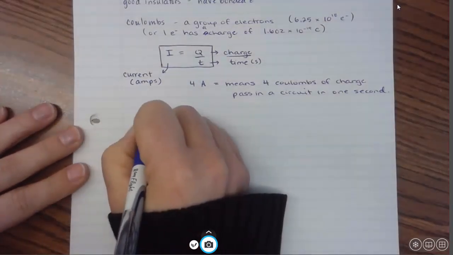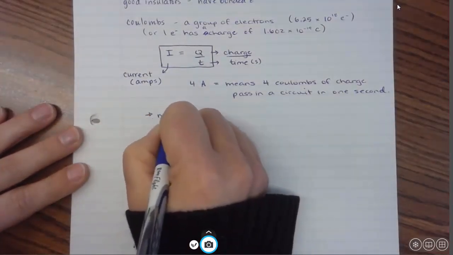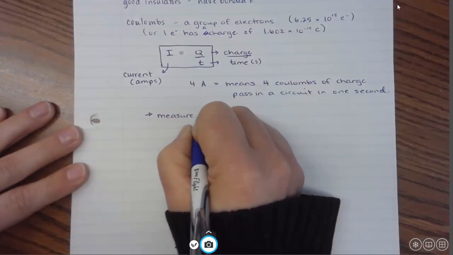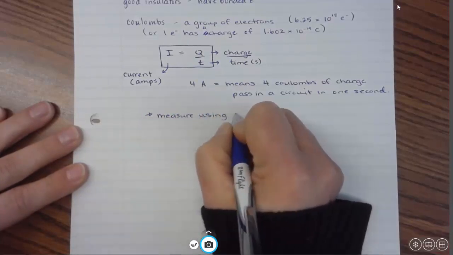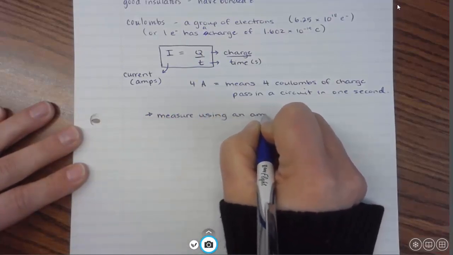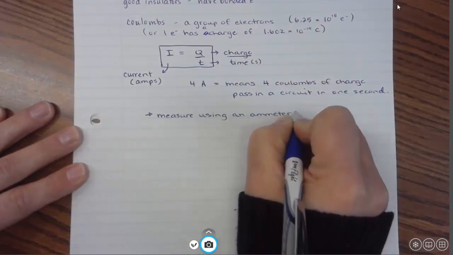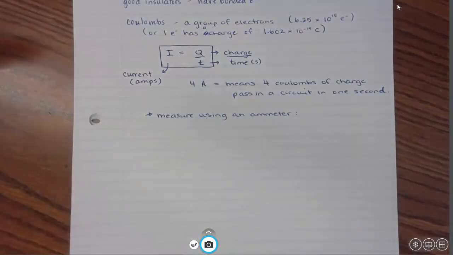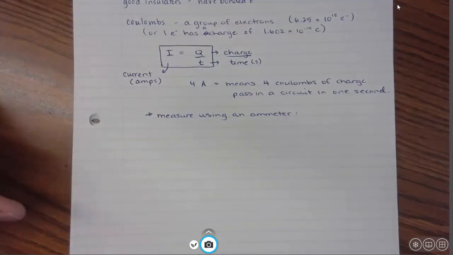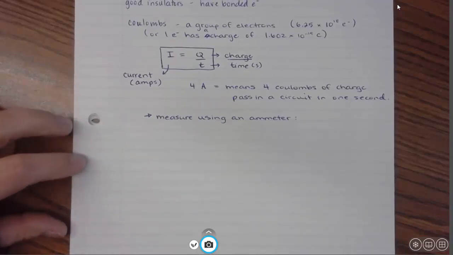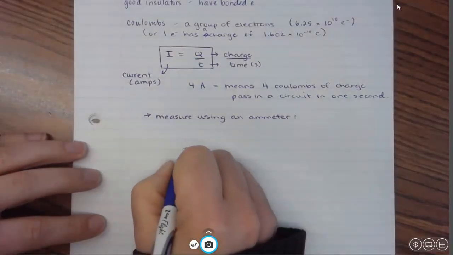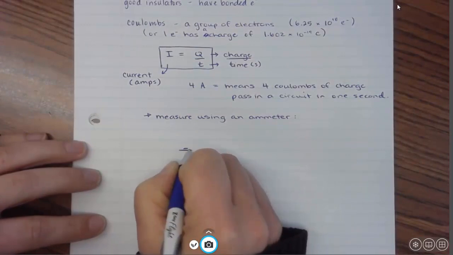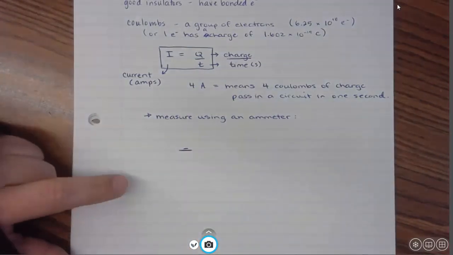We measure current using an ammeter. As part of this note as well, and hopefully this is basically a review of some of the things that you would have learned with electricity in grade 9. To draw a battery, we draw a small line and a long line.